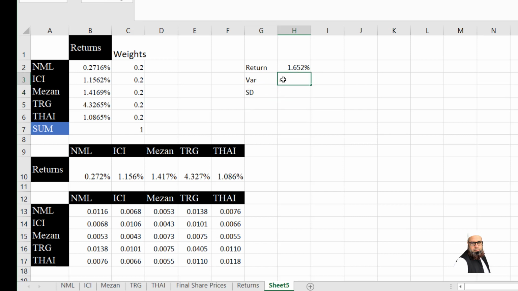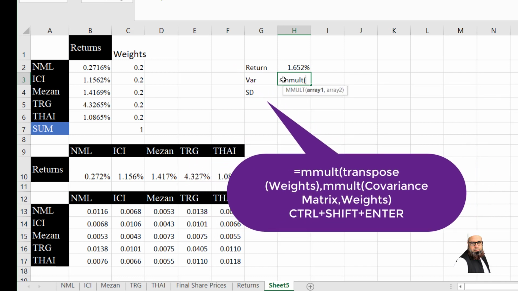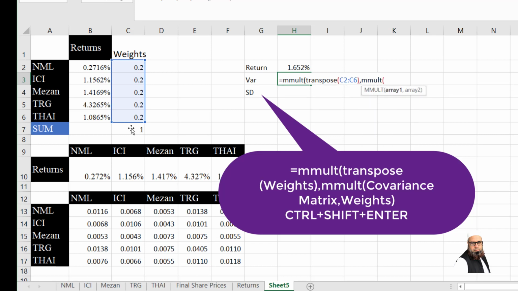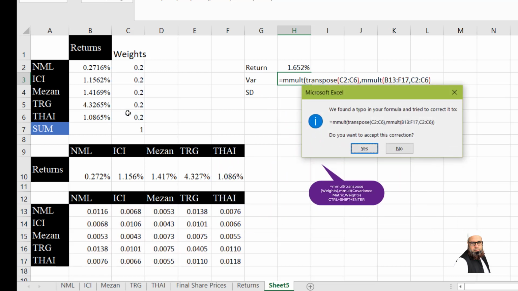After calculating return, we can compute variance of the portfolio and standard deviation of the portfolio as well. For variance of the portfolio, I will write equal to MMULT, bracket start, transpose, bracket start, weights of the securities, bracket close, comma, MMULT, bracket start, and the covariance matrix, comma, and weights, bracket close, and Control Shift Enter.